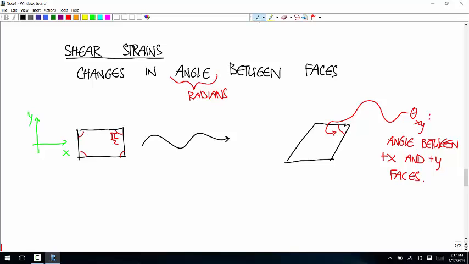And being clear about those being the positive faces is important, because if I was taking the angle between the positive x face and the negative y face, I would get a different angle. I get the whatever that's called, complement.